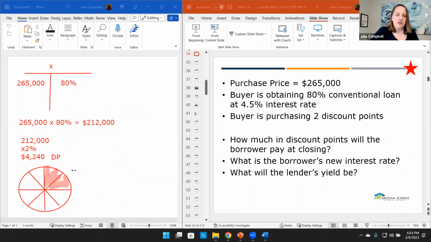And what that looks like in a fraction is 2/8 or 1/4, depending on what you want to look at. So now that I have the fraction that we all hate, now we can convert that to a decimal of 0.25. So 2 pieces of pie means they're bringing 2% of the loan, but it also means they're buying down their interest rate 0.25%.